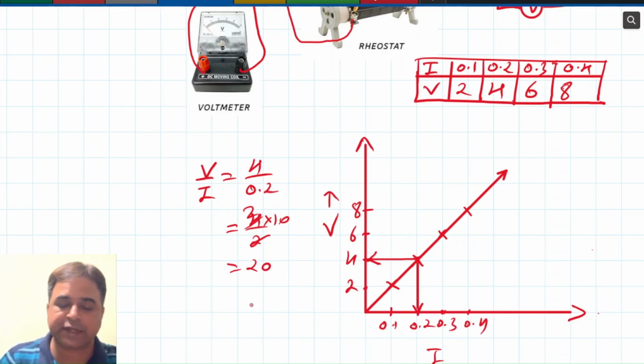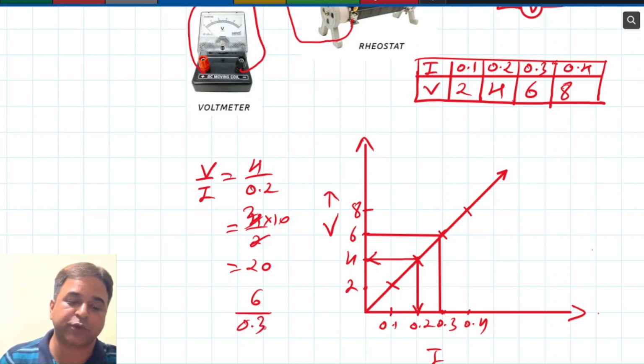Okay, this is 20. If you take some other value, say for 6 volt, for that we are taking 0.3.